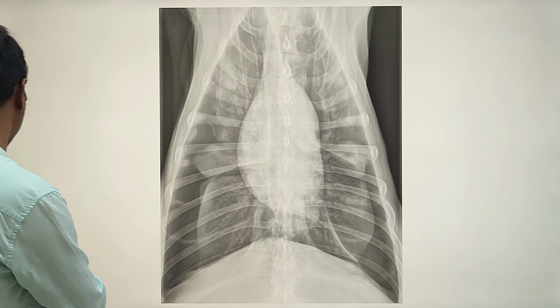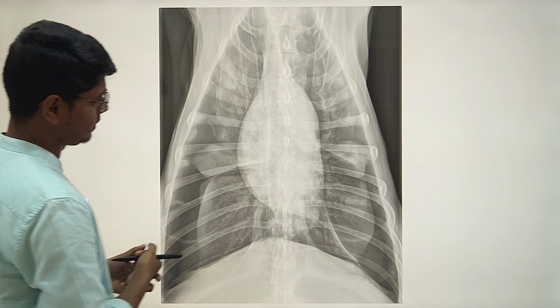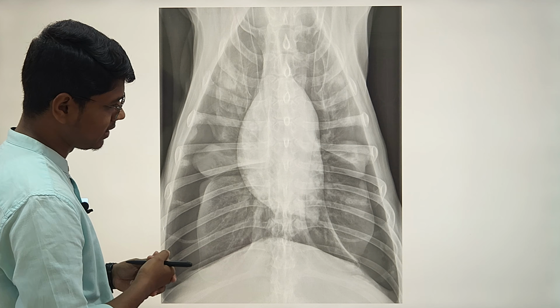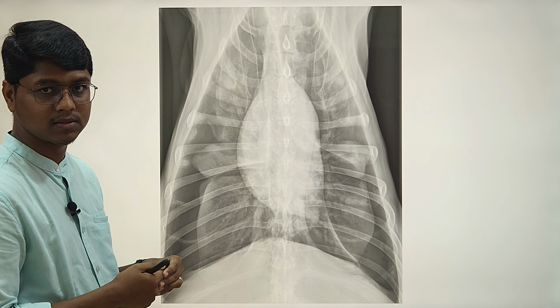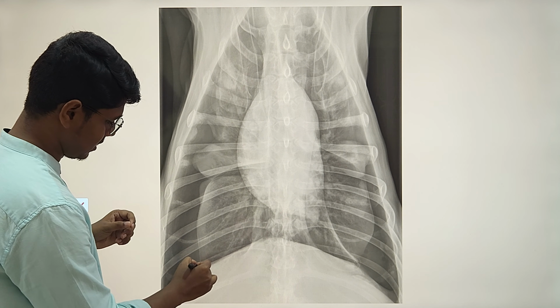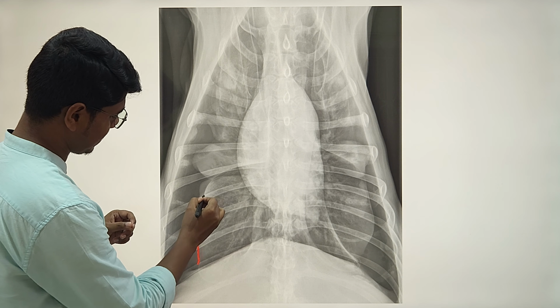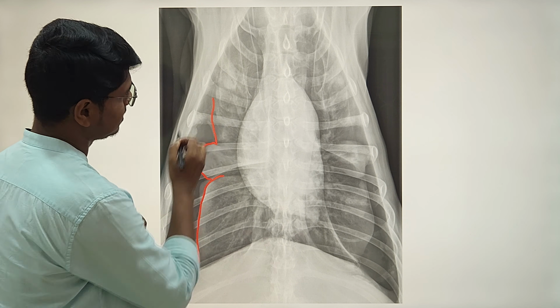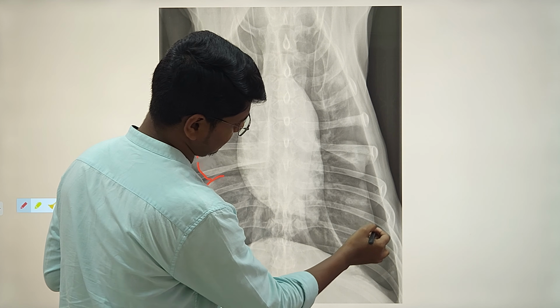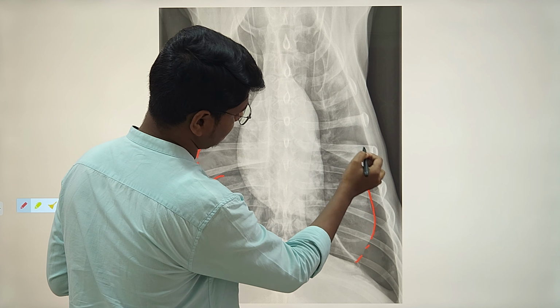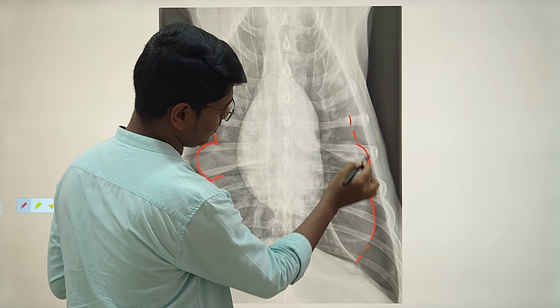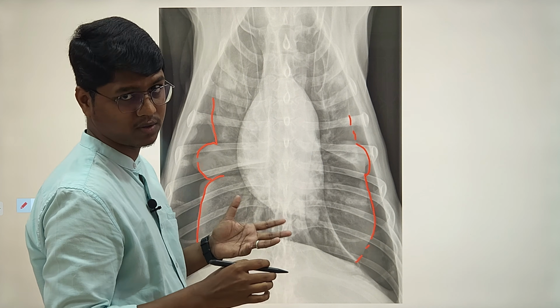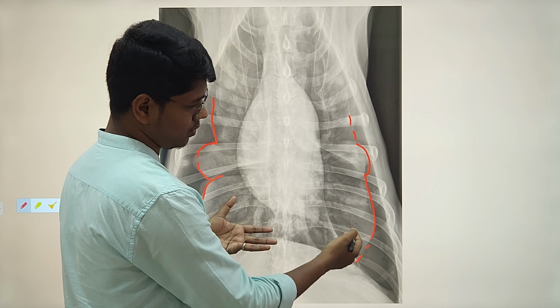This one is a ventrodorsal view of pneumothorax. Can you identify the lungs here? This is the lung. This is the lung margin. Here is a fissure actually. This is one lung. The lung has been collapsed here. This is a lobe. This lobe is more radio opaque compared to the other part.